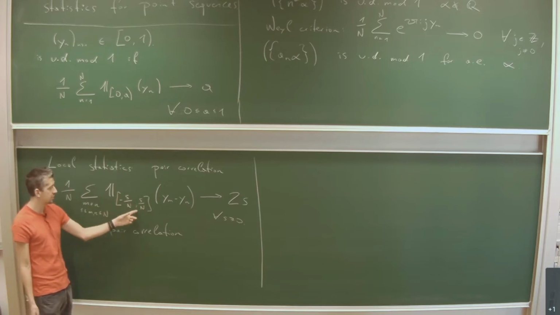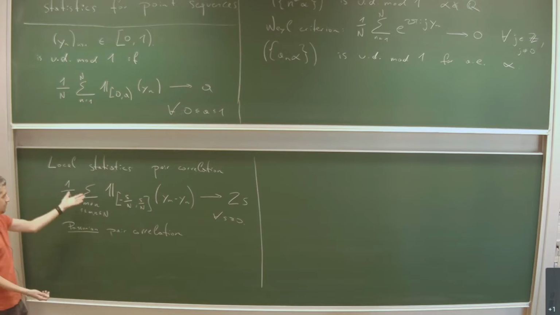If you try to put some higher power here, instead of n, you try to put n squared or something, then you will not see any pairs or any interesting things happen anymore. So this is really the most local you can go in this sense. So this is the most global picture you can take. This is the most local picture. Of course, you could also do something in between, but here today we do this.